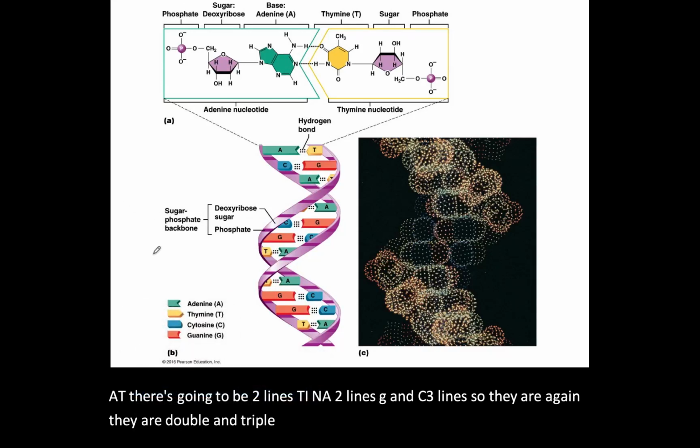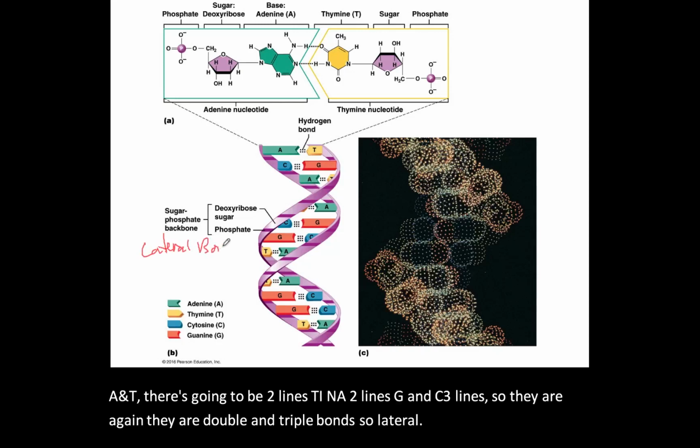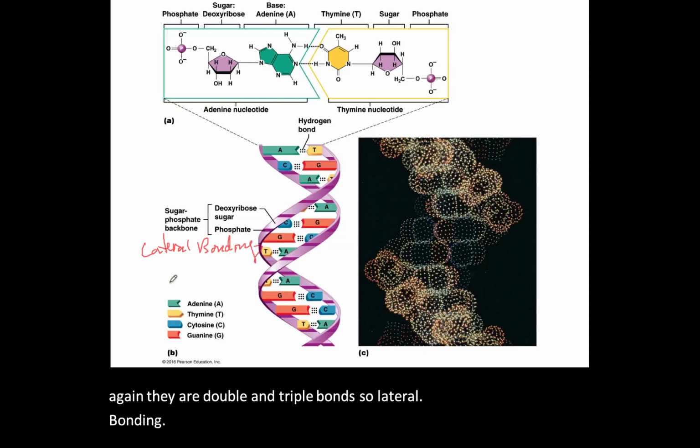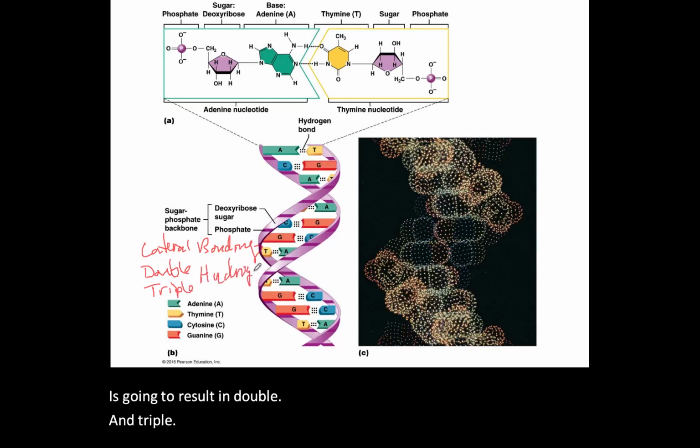All right? So lateral bonding is going to result in double and triple hydrogen bonds. That's lateral bonding.